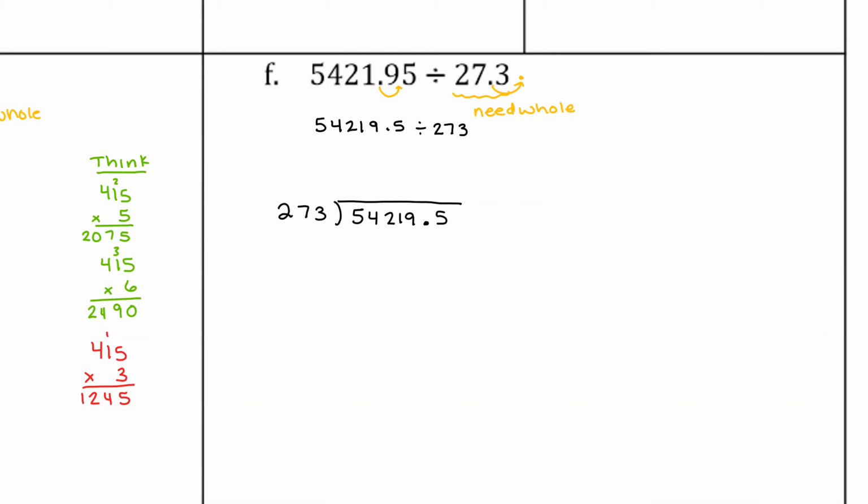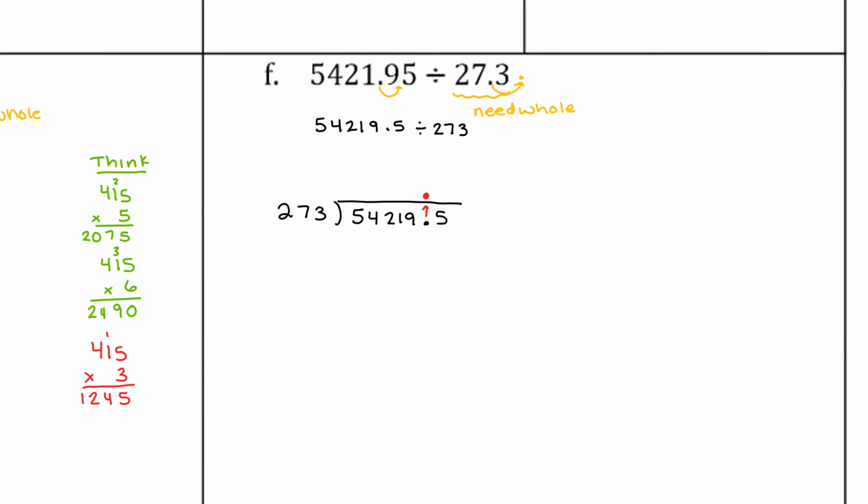Even though we killed that decimal in the divisor, the dividend still ended up with a decimal. So when your dividend ends up with a decimal, you're going to bring that decimal upstairs to the answer where the quotient goes, right above it, which is why it's really important to line things up.